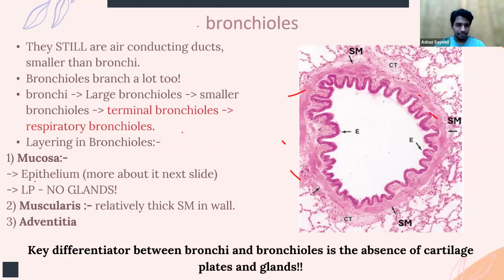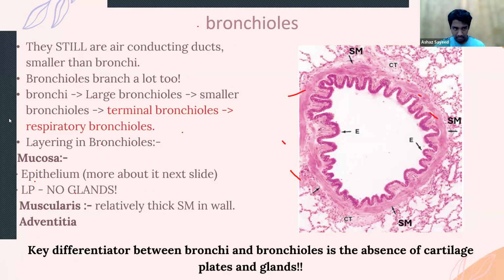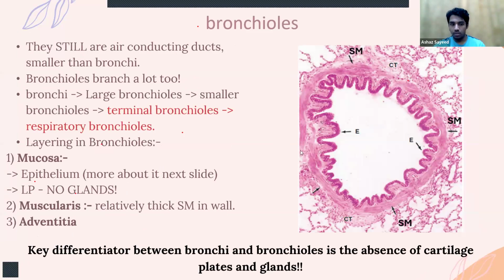Now the bronchioles are almost the same as the bronchi. The biggest differentiator, a BYQ, a previous year question: the key differentiator between bronchi and bronchioles is the absence of cartilage plates and glands. By the time you reach the bronchioles, cartilage is completely gone.